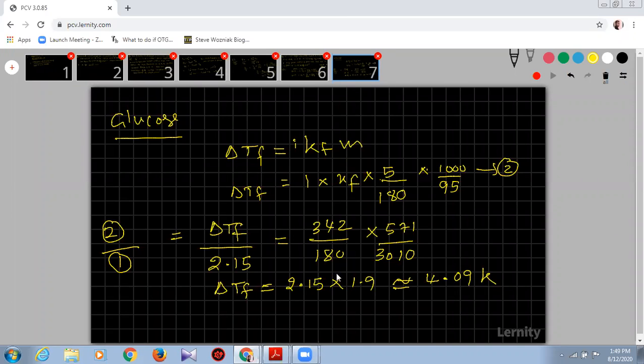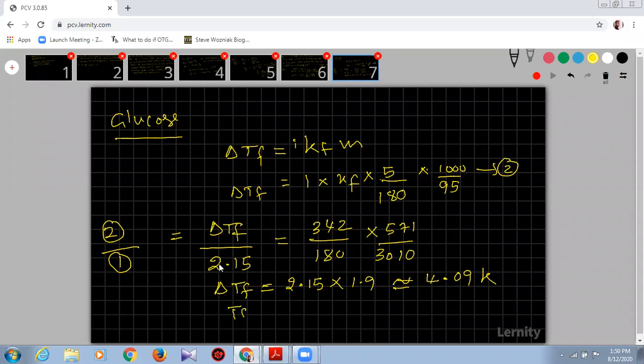The question asks to find the freezing point of 5% glucose solution, and here we got only delta TF. Initially the freezing point is higher for the pure solvent, and after adding solute, the freezing point decreases.